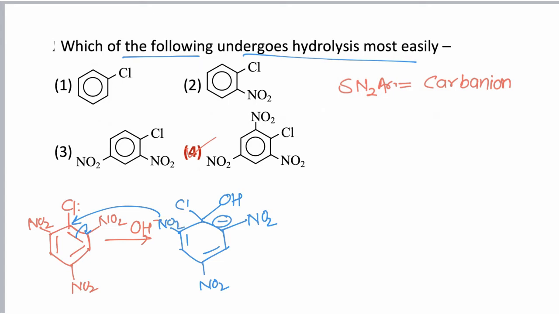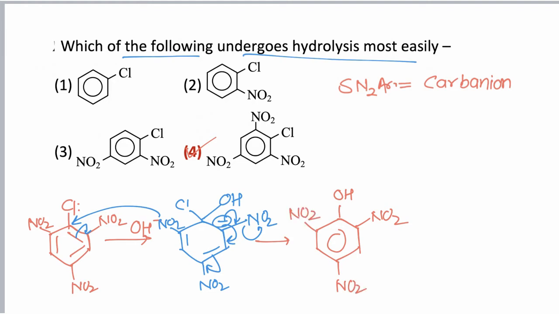Now this negative charge is involved in resonance with the nitro group, and the other nitro groups present at the para and ortho positions also stabilize the negative charge, and finally Cl negative is removed and the OH group is attached to the benzene ring, and trinitrophenol or picric acid is formed.